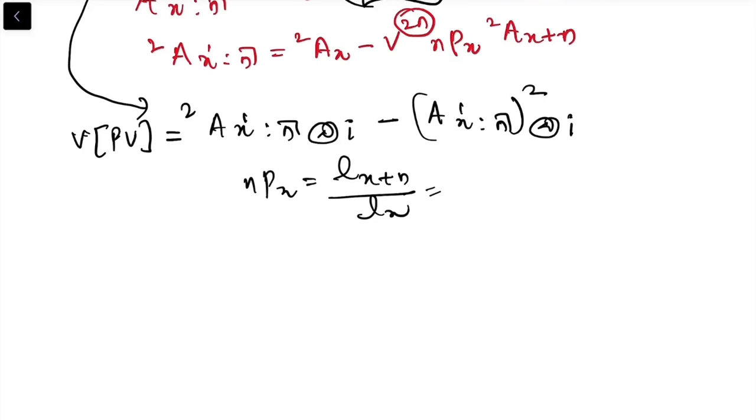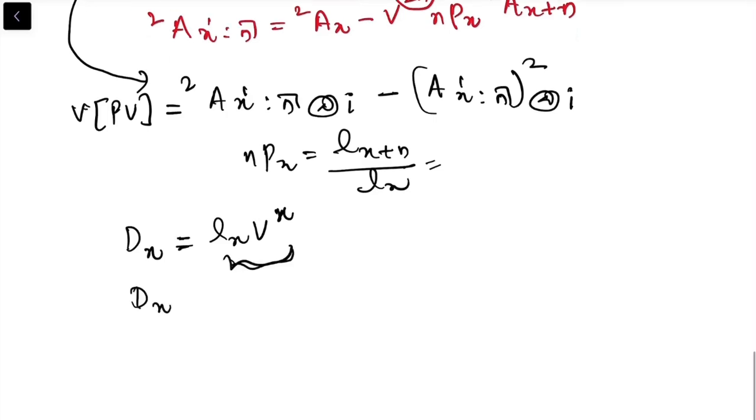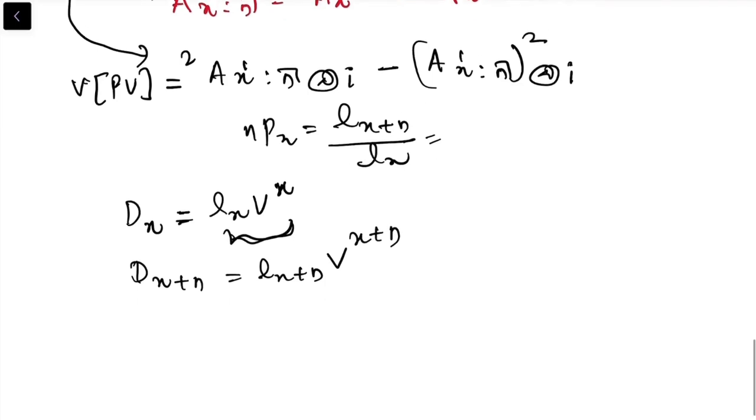All right, so Dx, this is just a notation, Dx is Lx Vx^x. We can write D(x+n), which is L(x+n) v^(x+n).